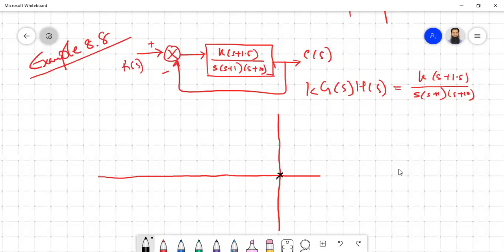We have one pole at minus 1, then minus 2, 3, 4, 5, 6, 7, so one pole should be somewhere here. And one zero at minus 1.5 here.